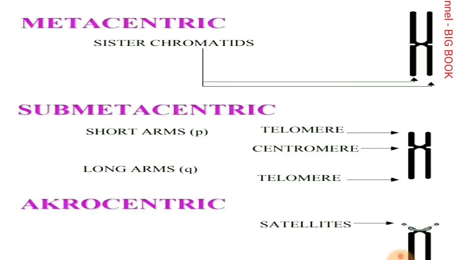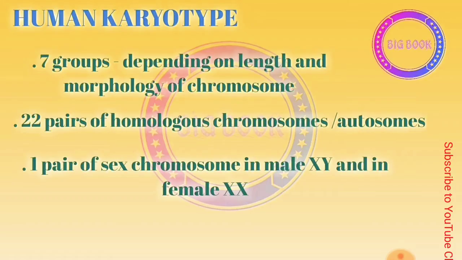And further is the acrocentric, where the Q arm is very long and the P arm is absent. Here there will be satellite bodies, minute bodies on the short arm region where the P arm should be present. This is the chromosome morphology in the metaphase of many organisms.